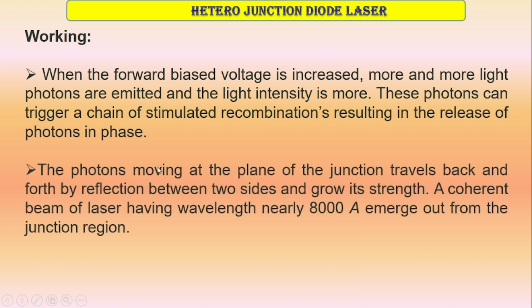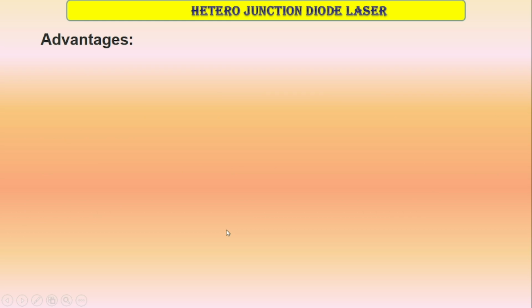The photons moving in the plane of the junction travel back and forth by reflection between two sides and grow in strength. A coherent beam of laser having a wavelength of nearly 8,000 angstrom emerges out from the junction region.